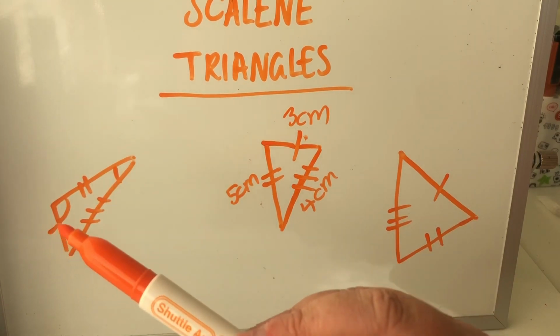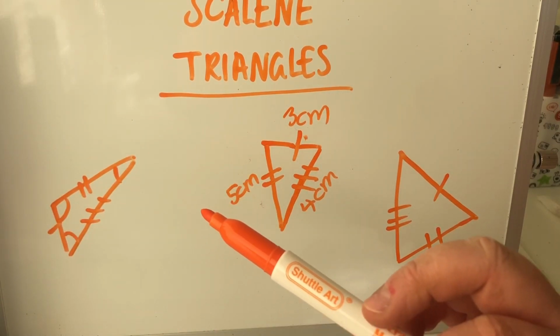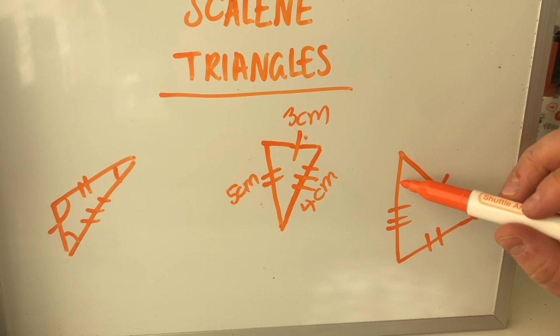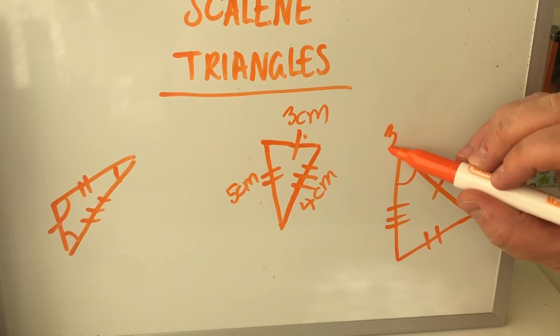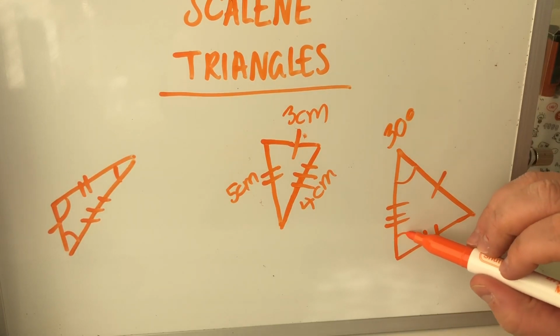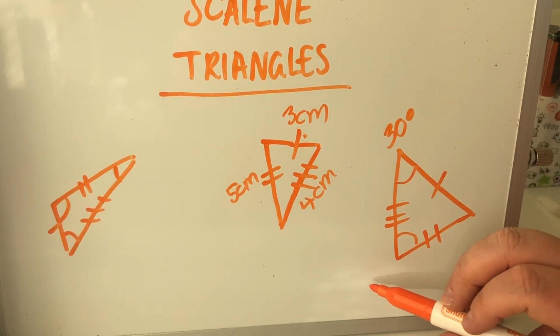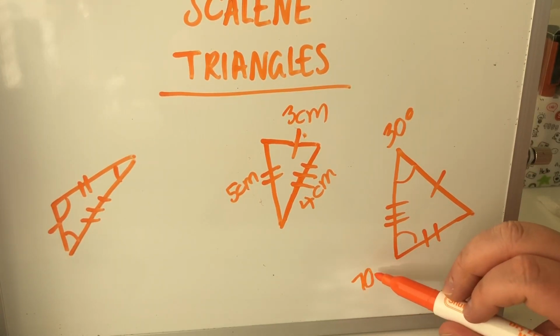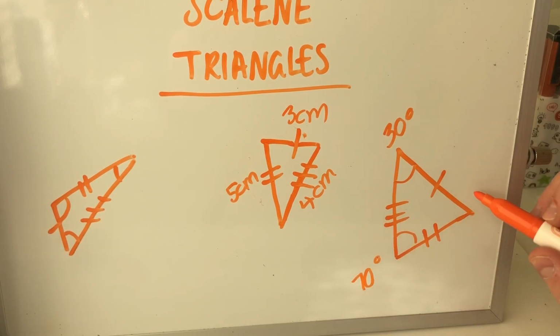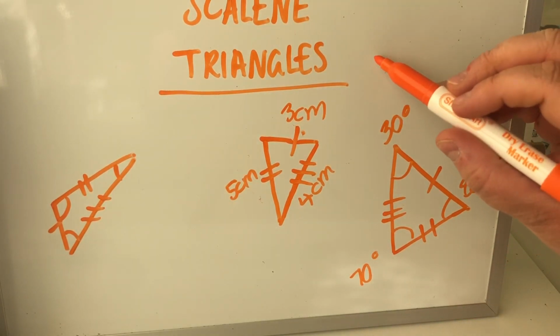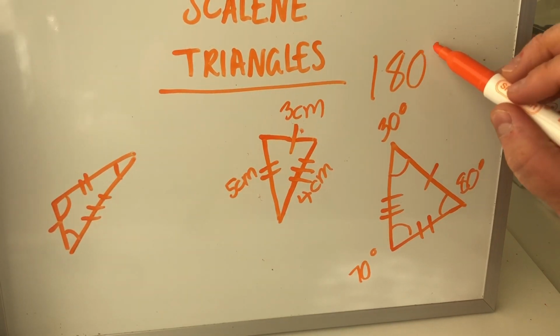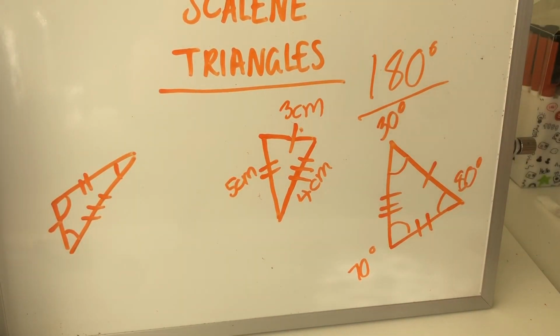Alongside this, the angles would also therefore be different. So for example, in this one, we'll say this maybe is 30 degrees, this one maybe 70 degrees, which would mean this one would be 80 degrees. And similarly, all angles should add up to 180 inside a triangle, as we've said.